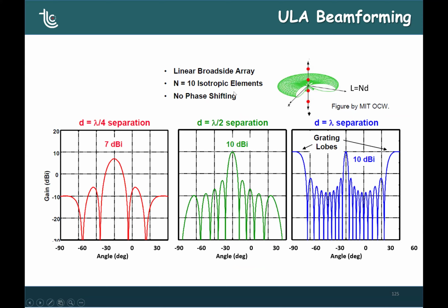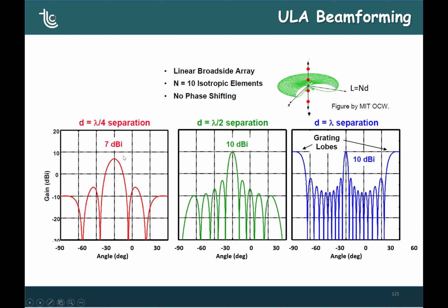Here we have 10 isotropic elements, with no phase shifting, and we are comparing the beam pattern with different values of d. Lambda is the wavelength. Here we have a distance that is lambda over 4. This is lambda over 2, so half lambda. And here the separation is lambda.